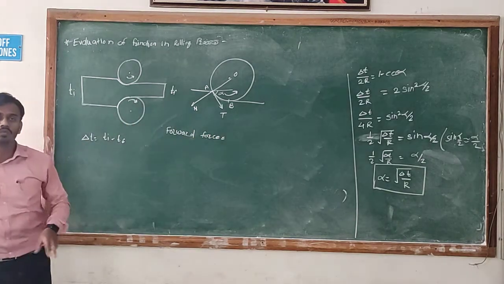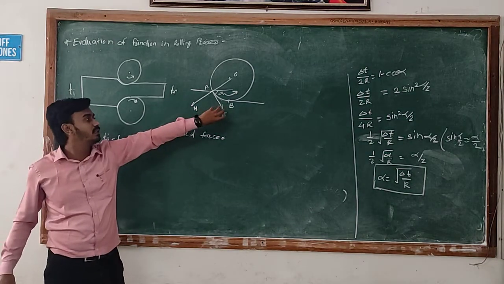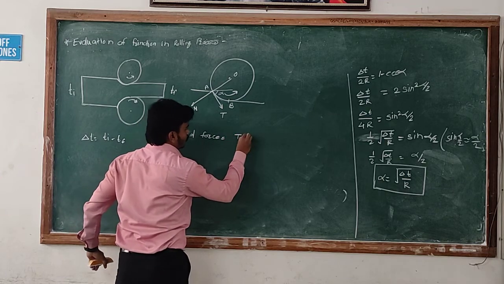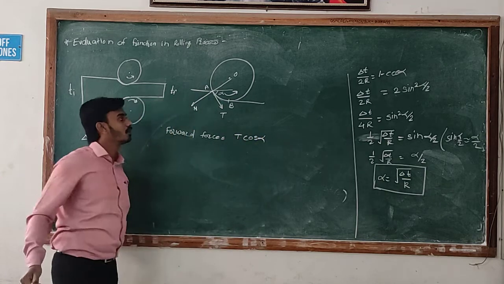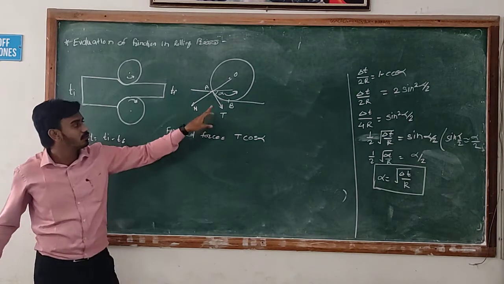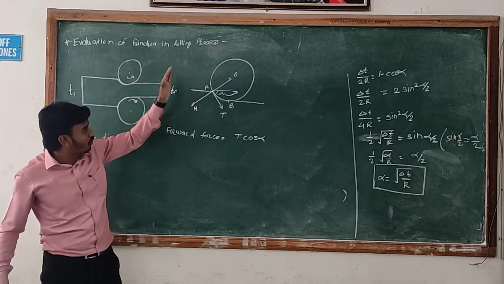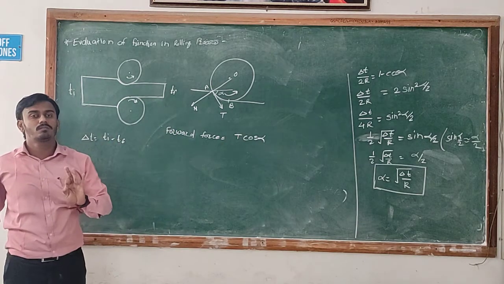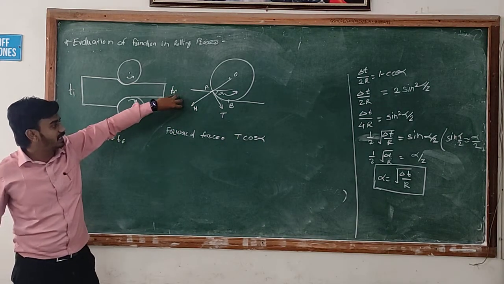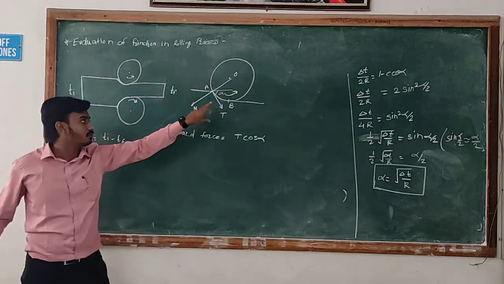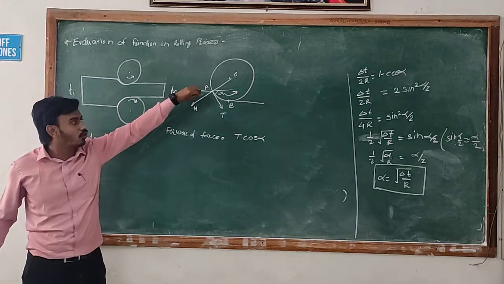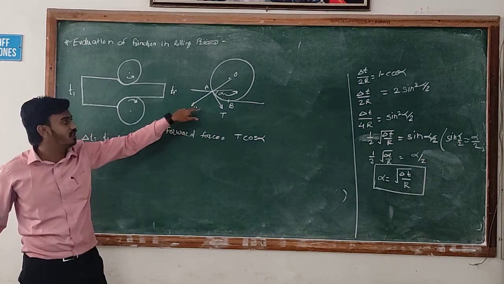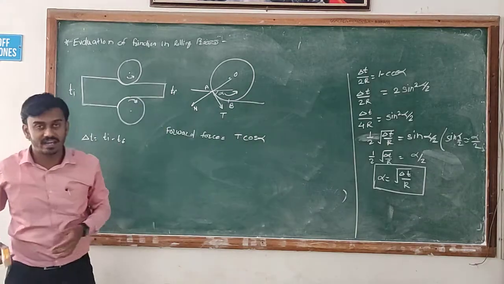The forward direction force is the component of T in this direction, which is T cos alpha. We want to move this material from this side to this side, so we have to take the components of the tangential force T and the normal force N along the x direction.